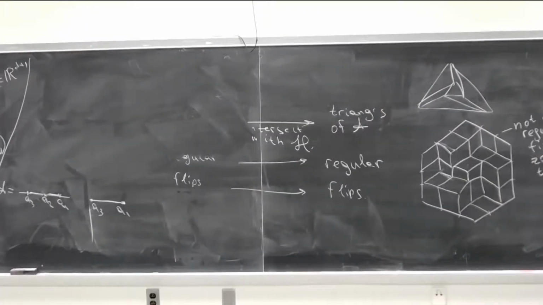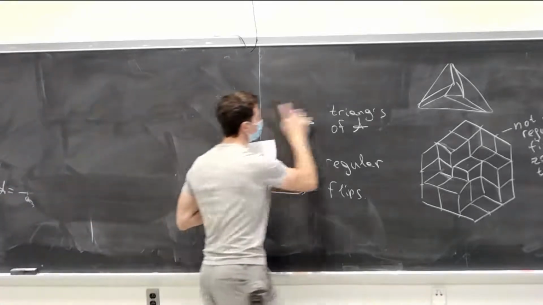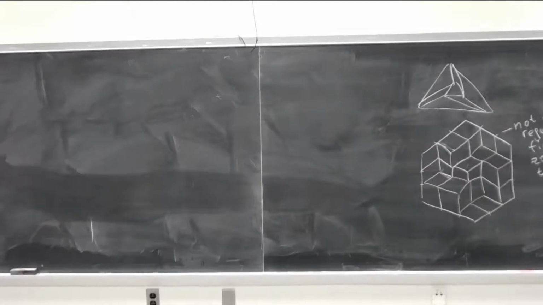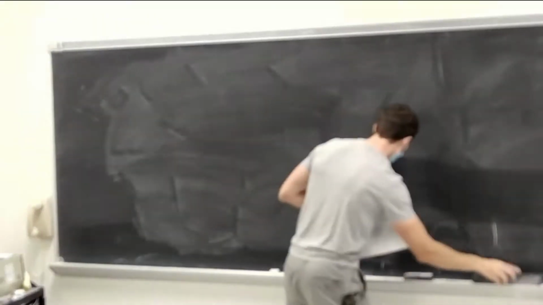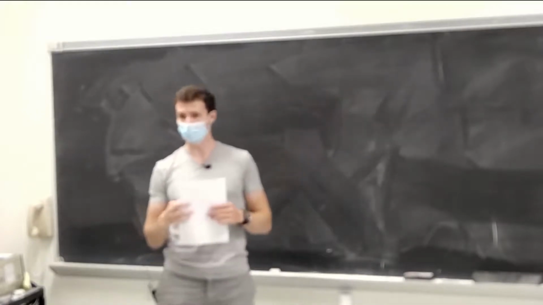Since I have, okay, 10 minutes left, let me try to define objects which are dual to two-dimensional zonotopal tilings.